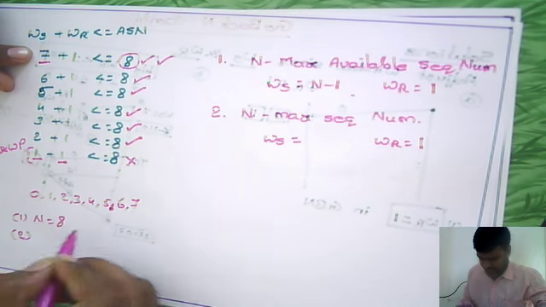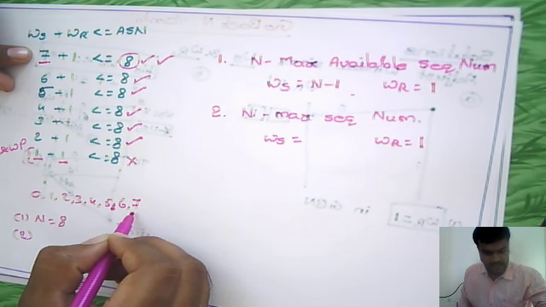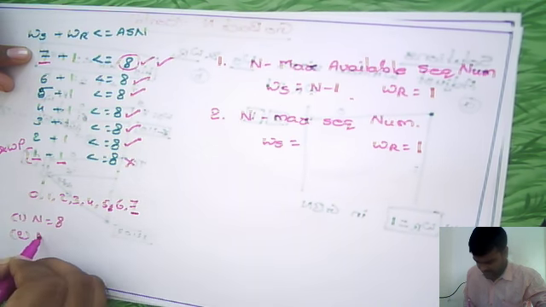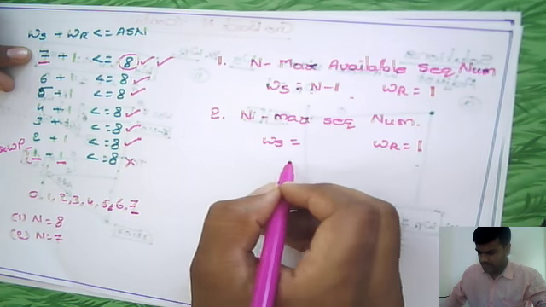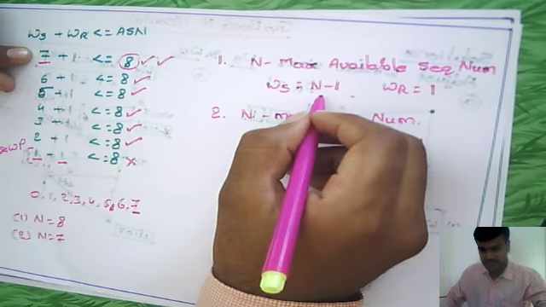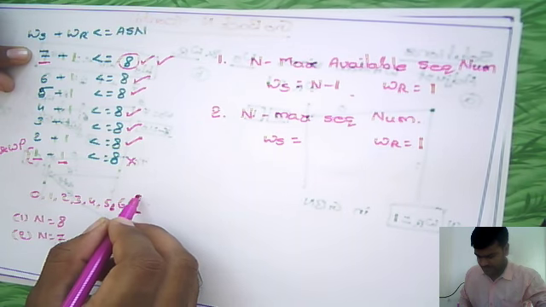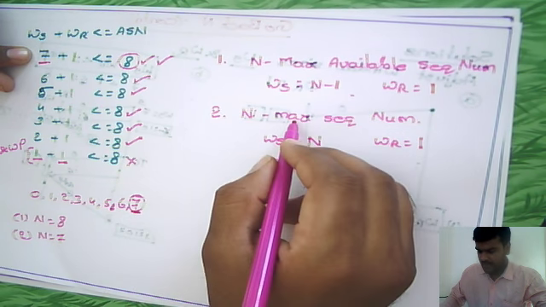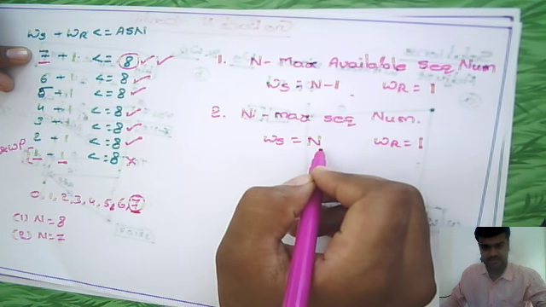In the second case the maximum sequence number among these is 7, so N is 7. Total is 8, and 8 minus 1 is N. So N is the maximum sequence number 7, and the window size of sender is N itself.